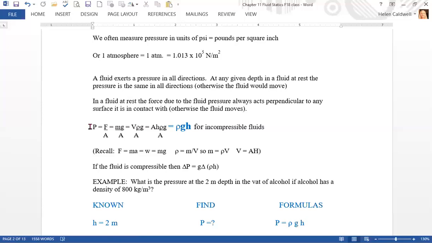And we know that the volume is the cross-sectional area times the height of the object. So the areas will cancel out. And what we end up with for a fluid is that the pressure is equal to rho g h. P equals rho g h: pressure equals density times the acceleration due to gravity times the depth of the fluid. Little h is the depth of the fluid.